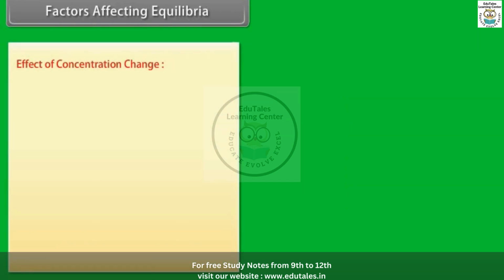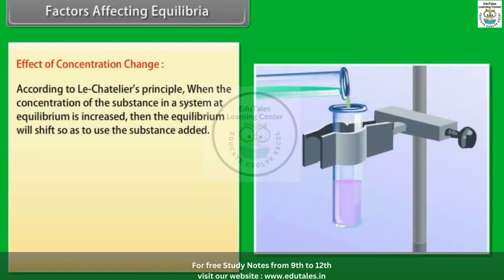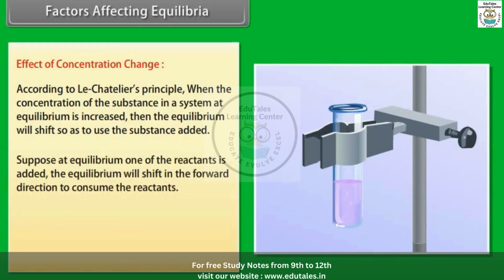Effect of concentration change. According to Le Chatelier's principle, when the concentration of a substance in a system at equilibrium is increased, the equilibrium will shift so as to use up the substance added. Suppose at equilibrium, one of the reactants is added. The equilibrium will shift in the forward direction to consume the reactants.